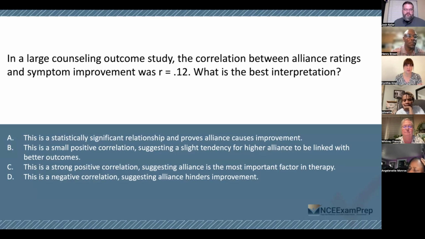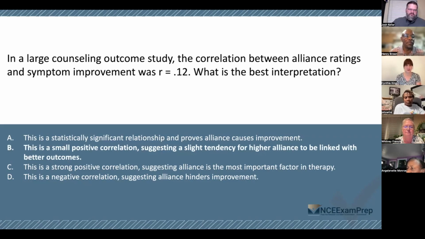So then you're left with A and B, but A didn't talk about how the correlation was interpreted. So that's why B was the better answer. Why else? A says causes. Causality. Yes. Good job, B. Very good. See, that's how we break it down.